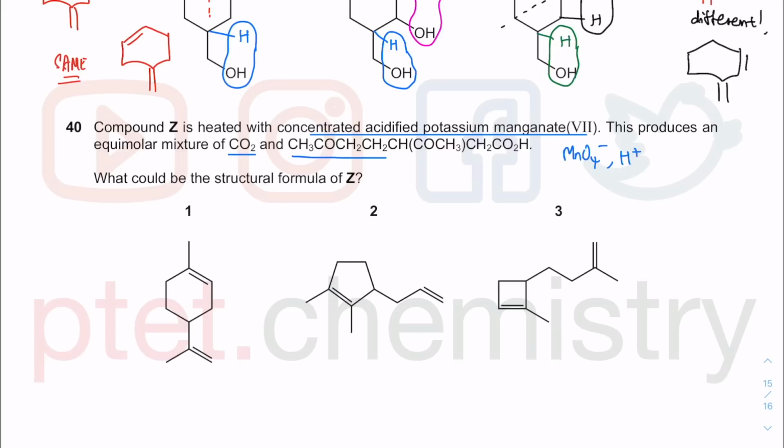Oh my god, this one looks really long. A bit scary, but let's just draw it out as structural. Sorry, we're going to convert the structural to skeletal. So CH3CO here, and then CH2, CH2, CH, and I will leave the bracket thing for later, CH2COOH.